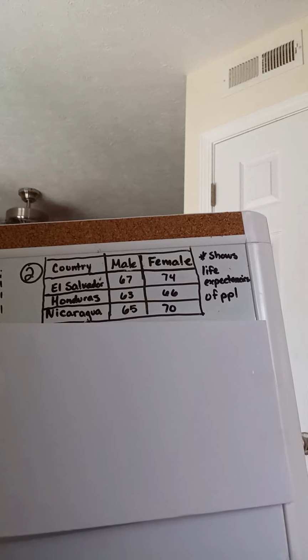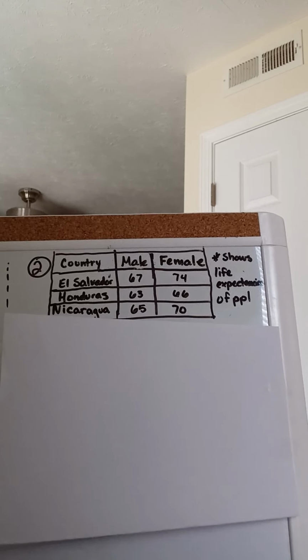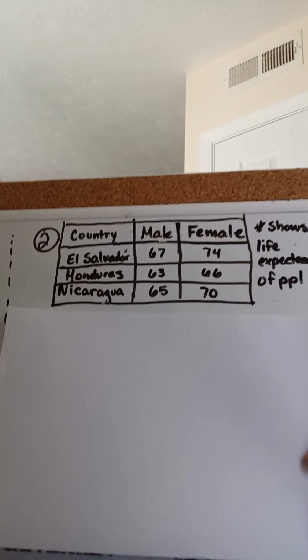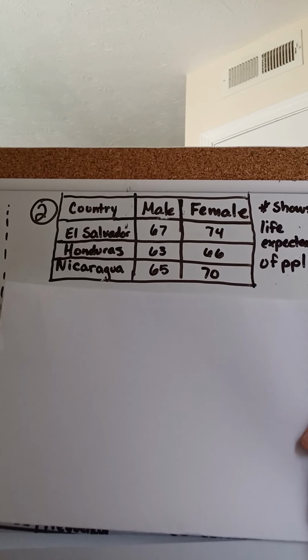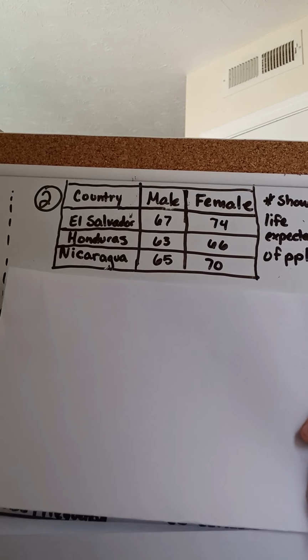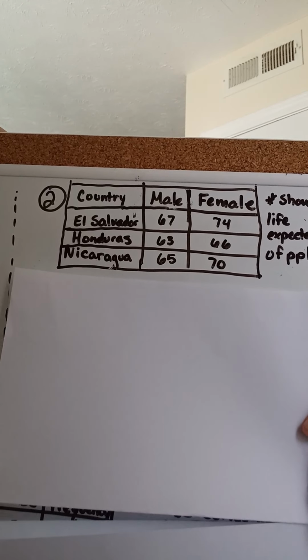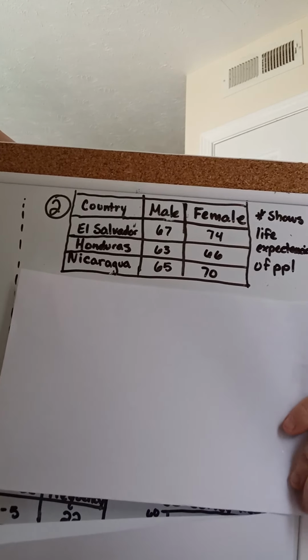And this table gives you 3 pieces of information. It says country, male, and female. This table shows you the life expectancies of people in 3 different Central American countries. You have El Salvador, you have Honduras, and you have Nicaragua, right?